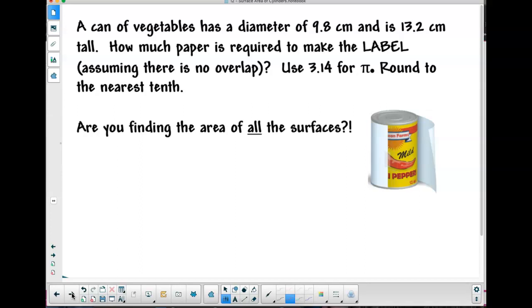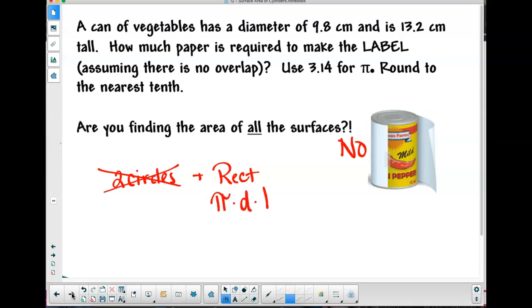So are we finding the area of all the surfaces? No. Typically we have the 2 circles plus the rectangle. Which piece are we finding this time, if I only want the label? Just the rectangle. So I'm going to cross off the circles. I just want the label, so I'm just doing the rectangle: pi times diameter times height. That's all we need to do on this problem.